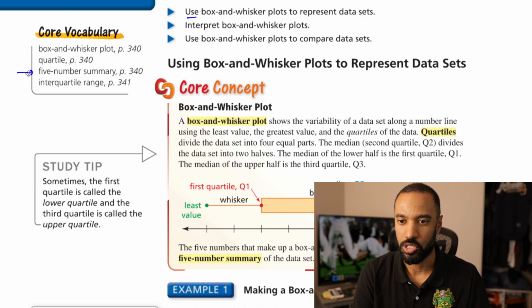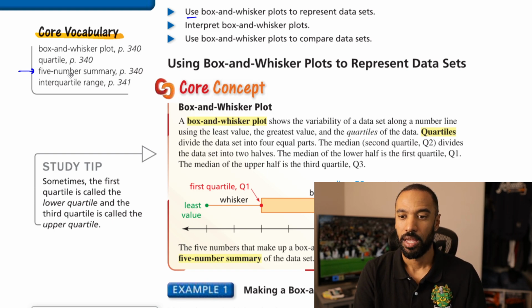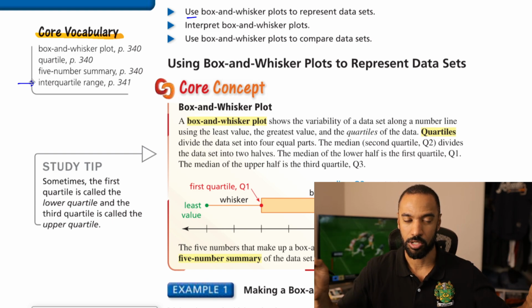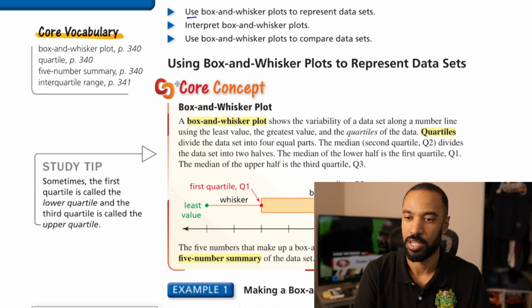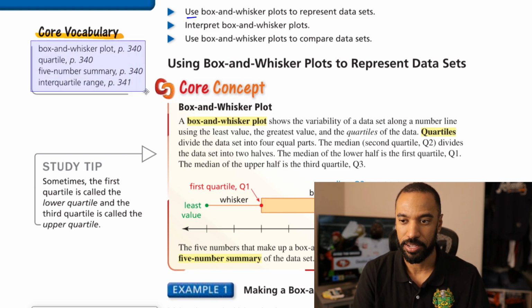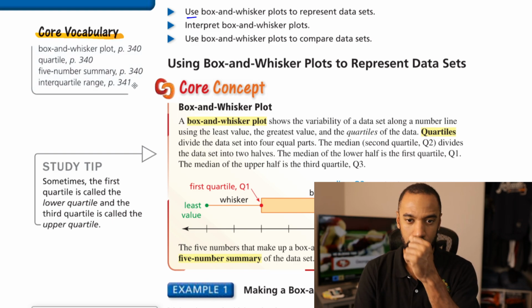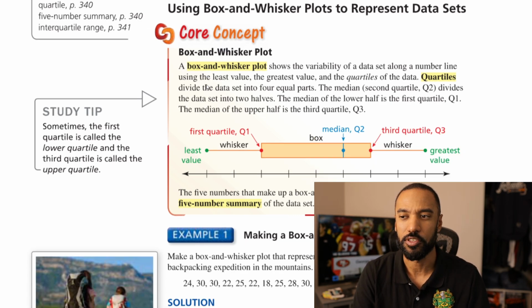The 5-number summary is going to lay out all of those points in the box and whisker plot. And the interquartile range is a range just from your two quartiles, as opposed to your max and min. Obviously, they're going to define these things for us, but these are phrases you're going to have to know and use, so I want to call them out now. When you see them highlighted, really pay attention, especially if it's new for you.